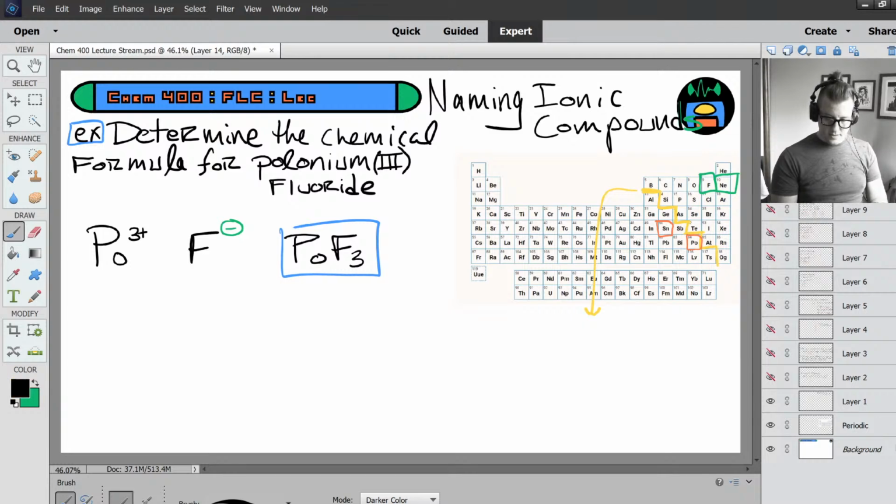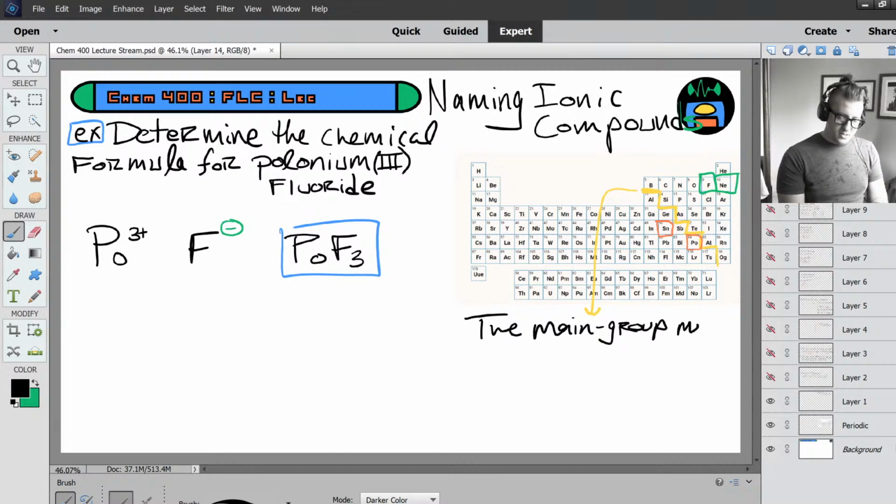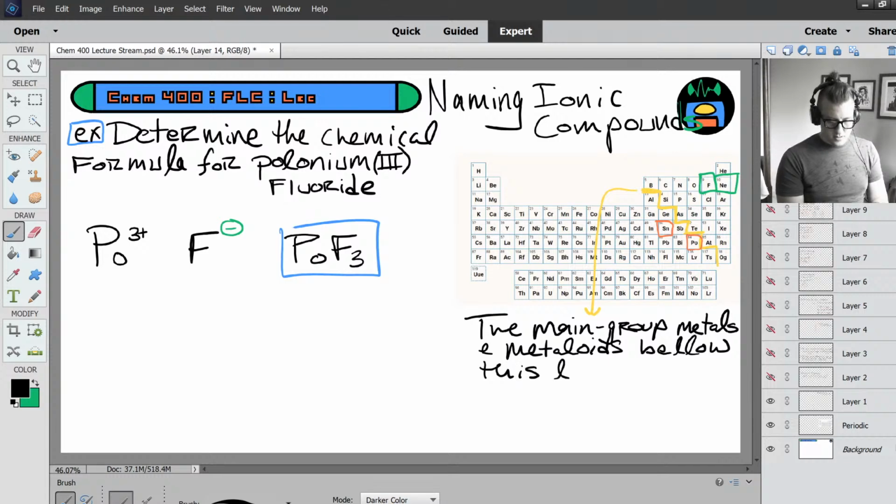The main group metals and metalloids below this line behave like transition metals.